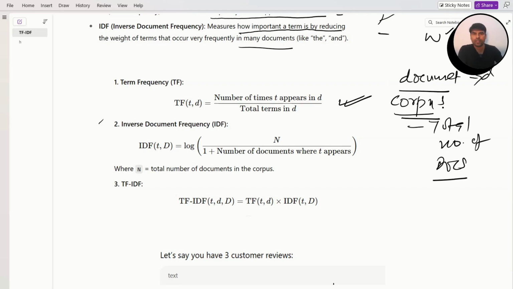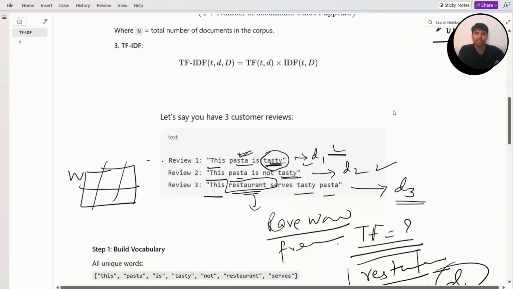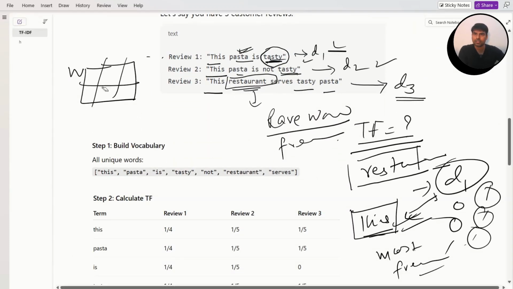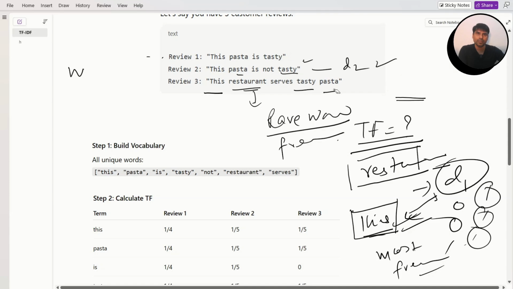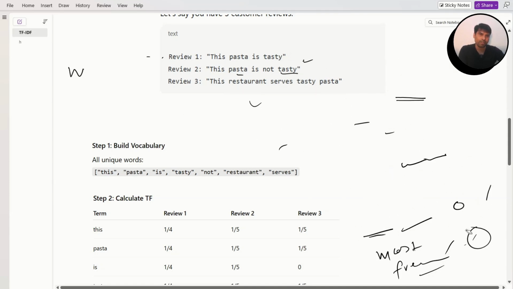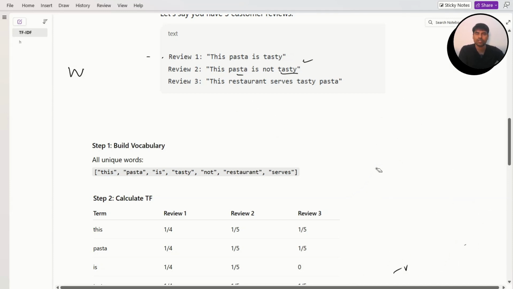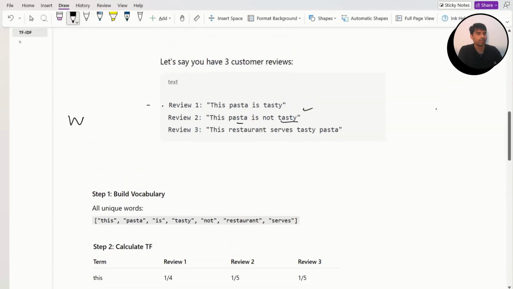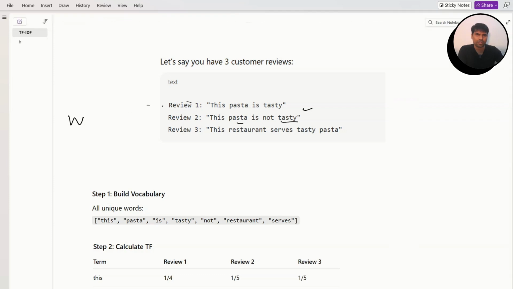Now, to explain this mathematical formula, let me use these three examples so it will be easy to explain this whole concept. Let's suppose, my friend, I have three documents. I'm calling the first one D1. It is also called a review, by the way, in NLP.